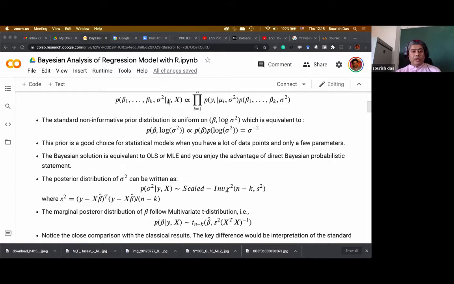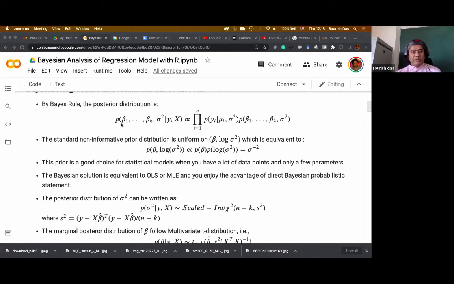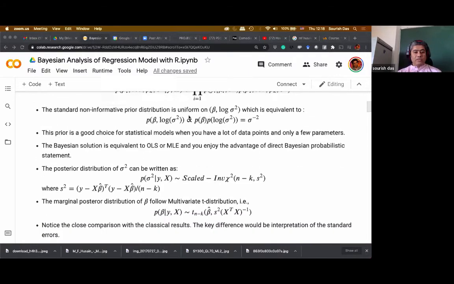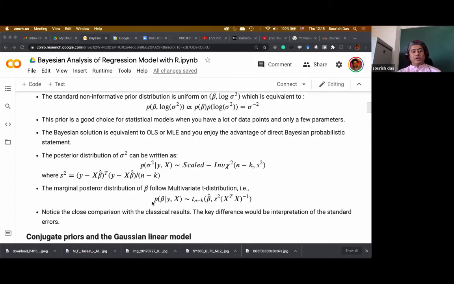From the joint posterior distribution, if you integrate out sigma square, just take an integration d sigma, then what you will be left with is the posterior distribution of beta given data.